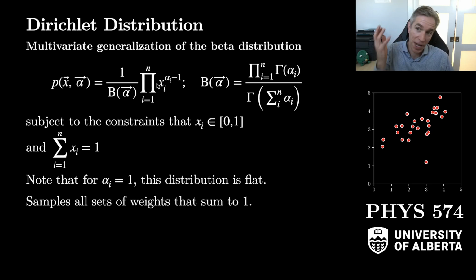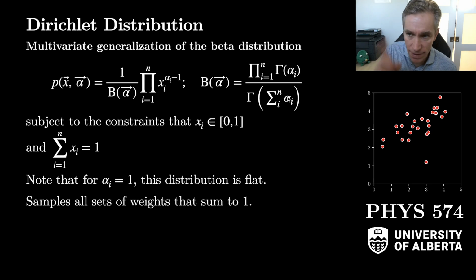For a high dimensional vector, you just multiply up the components raised to each of these powers. This normalization function is the multivariate beta function, which is a product of gamma functions over the parameters alpha. So you take the product of the gamma applied to each alpha, and then normalize that by the gamma function of the sum of the alphas.